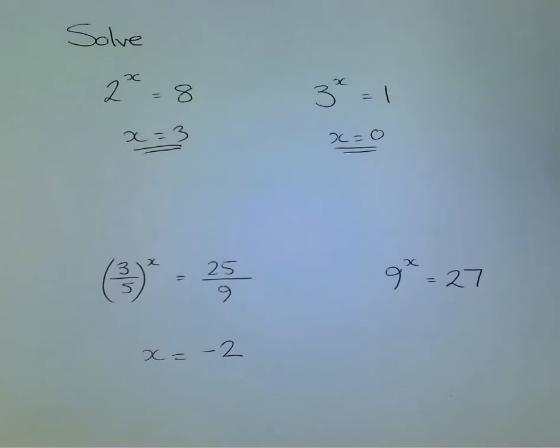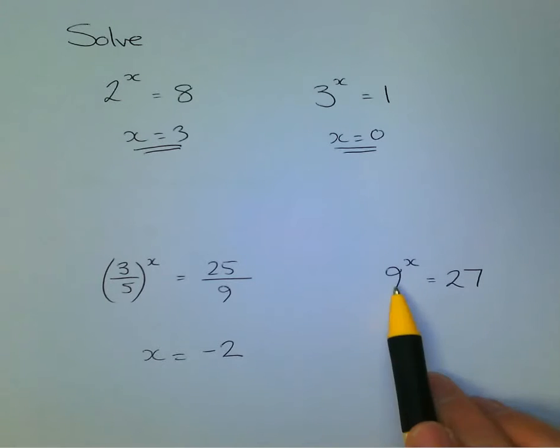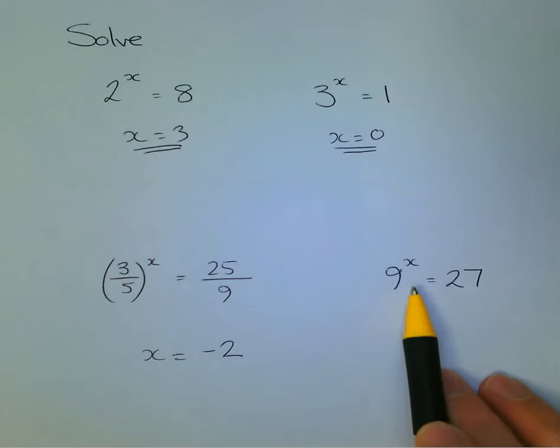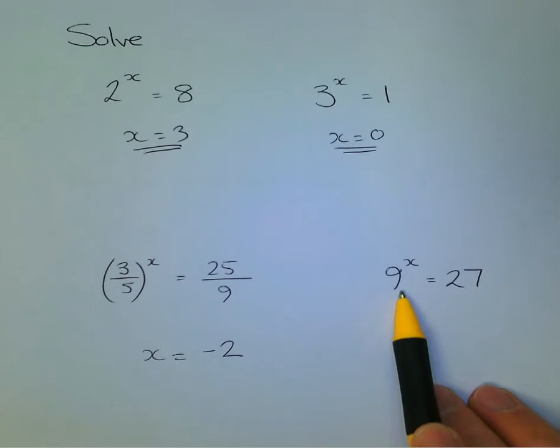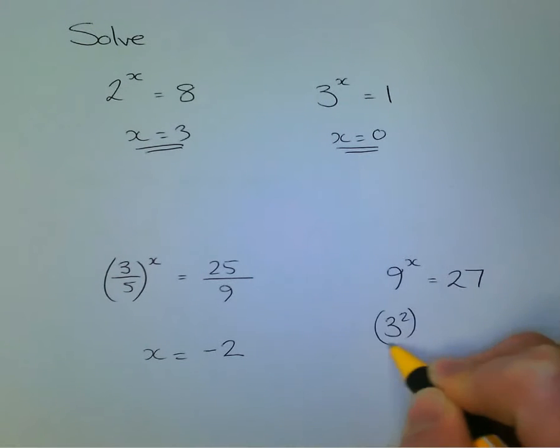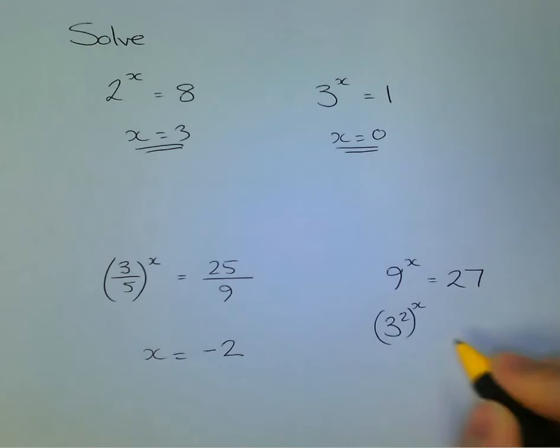But what's the easy way of going about it? What I like to do is say, okay, my base values are clearly different, and when we think about indices, our base values are normally the same. So can I rewrite both of these with the same base? Well, yes. I can write 9 as 3 squared, and I can write 27 as 3 cubed.